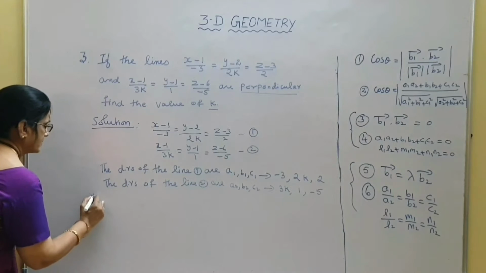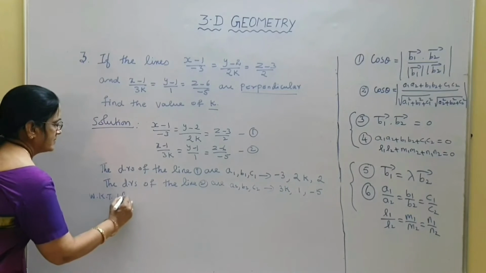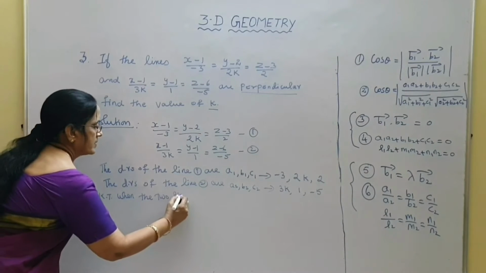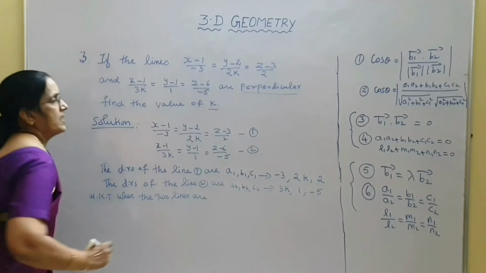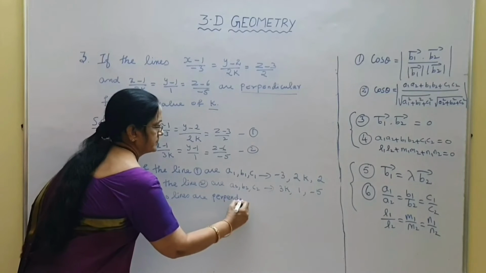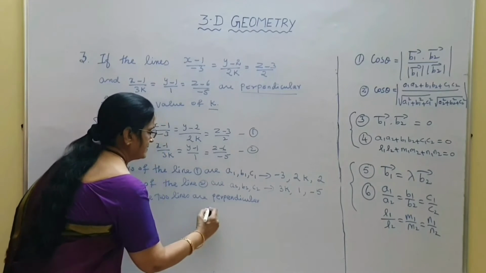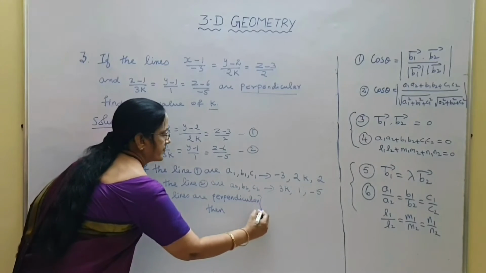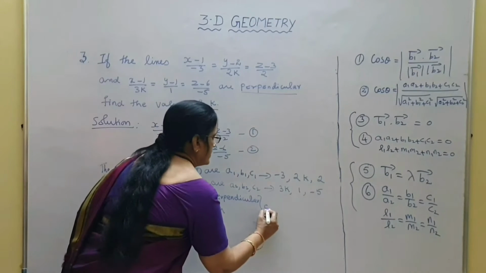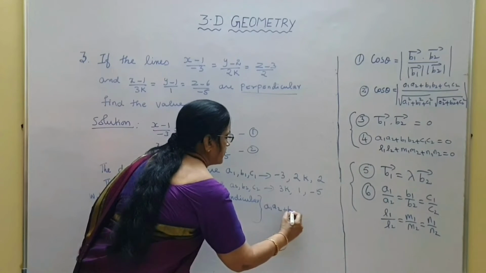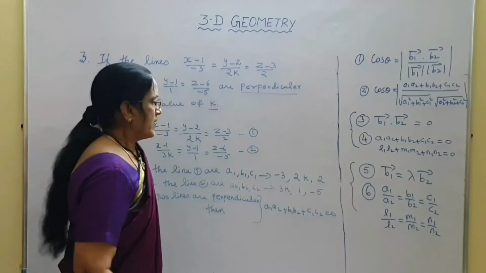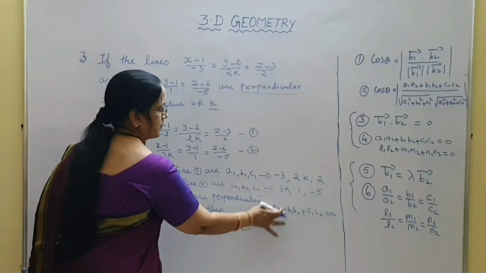We know that when the two lines are perpendicular, then A1A2 + B1B2 + C1C2 should be equal to 0. Now let us substitute for A1, B1, C1 and A2, B2, C2 here.